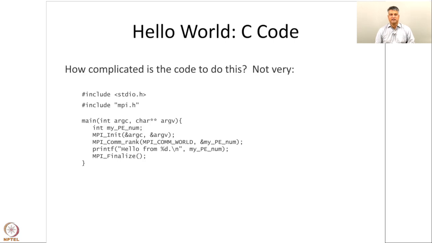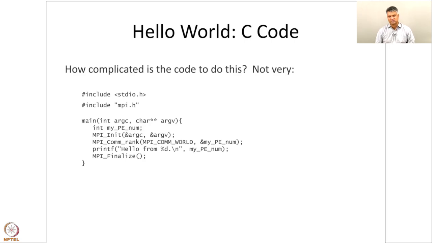Then the next function, MPI_Comm_rank, gives the information of what the process ID is. Now, since we are starting several copies of the same code, one needs to distinctly identify each of these distributed processes.